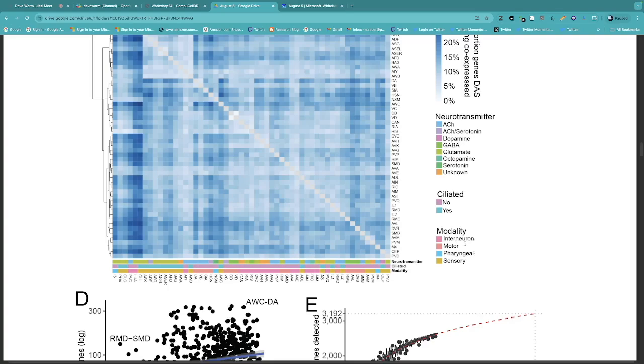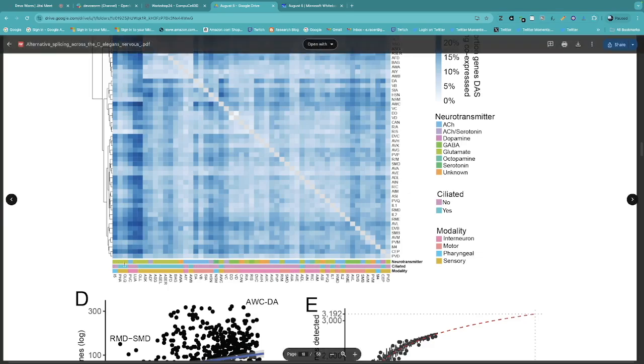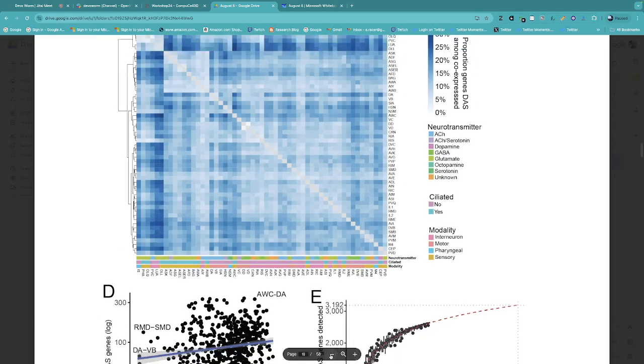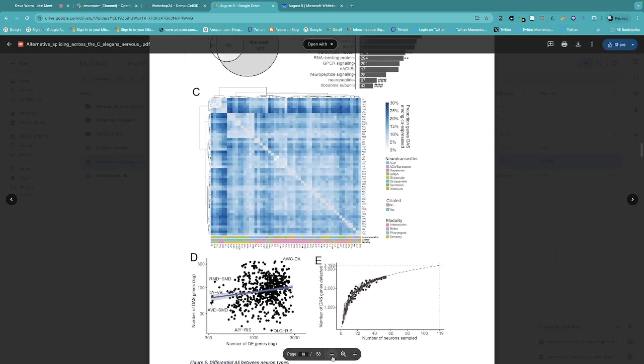So you have interneurons, motor neurons, pharyngeal neurons, and sensory neurons. You can sort all these 55 cell types by their modality, by their status of being ciliated or not, and the neurotransmitters that they express, and then look at those differences here. So it's a nice figure to look at some of this diversity.